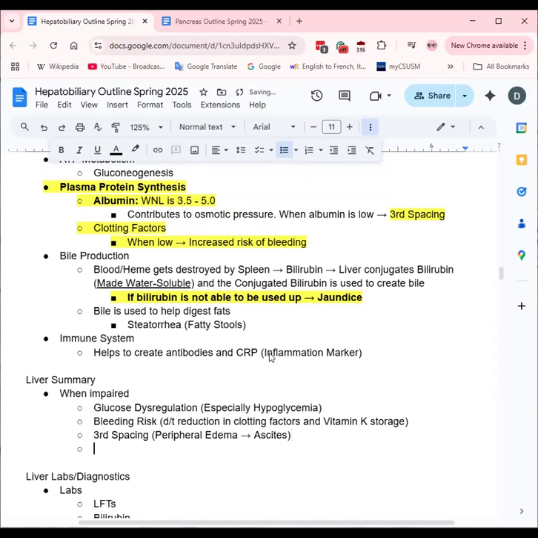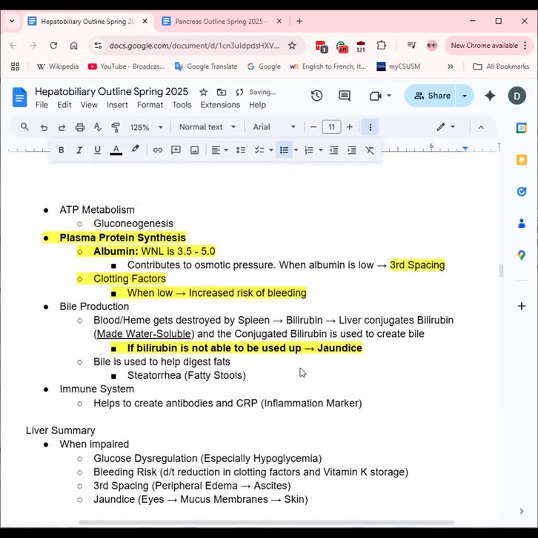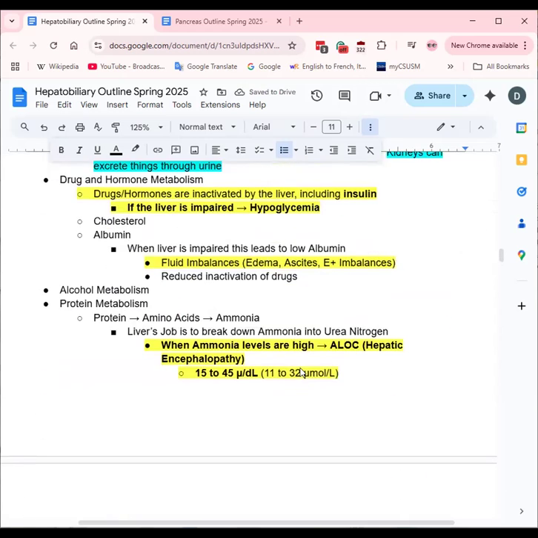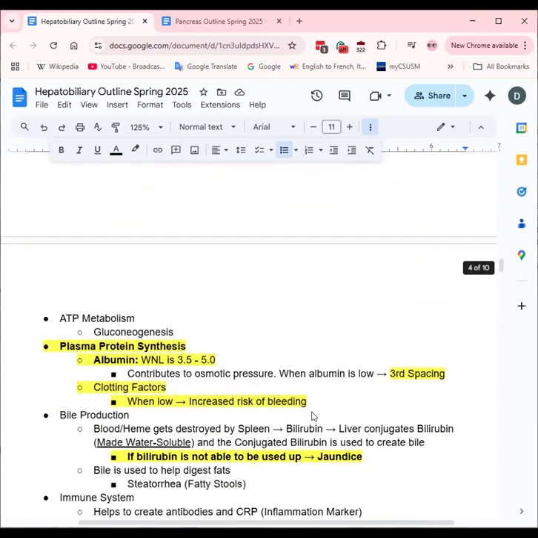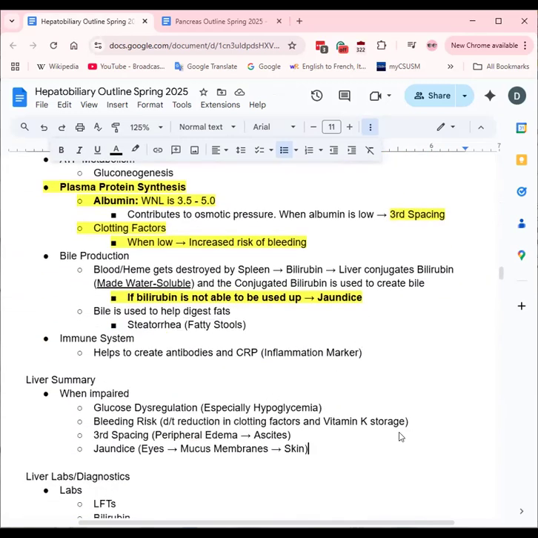What else? We have jaundice, and it goes eyes. Typically, if it's a slow progression, it goes mucous membranes, and then skin. And then what else did I forget here? Electrolyte imbalances. Oh yeah, altered level of consciousness.